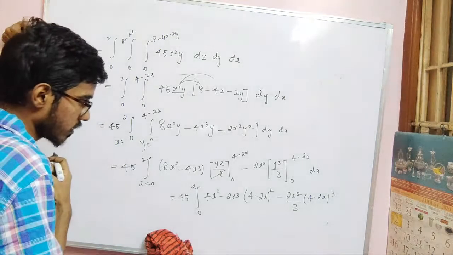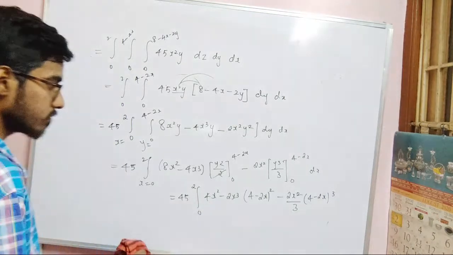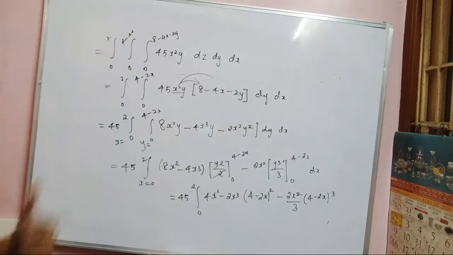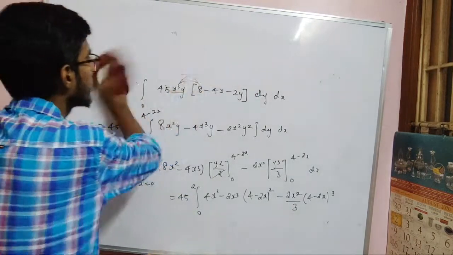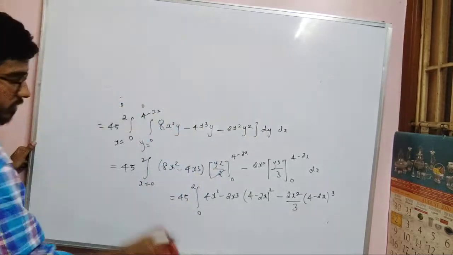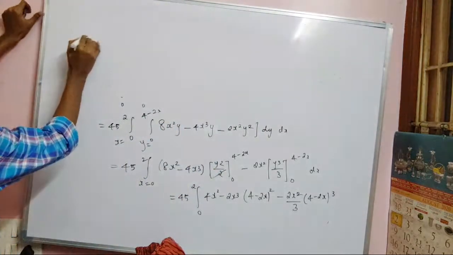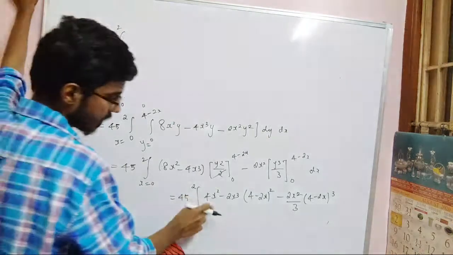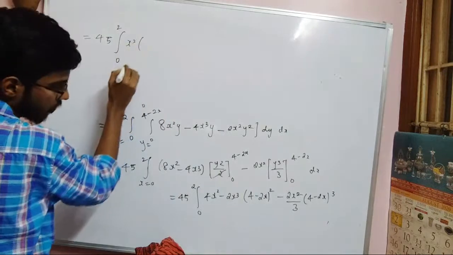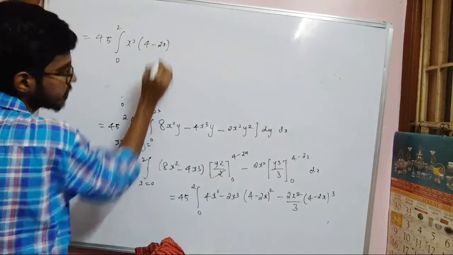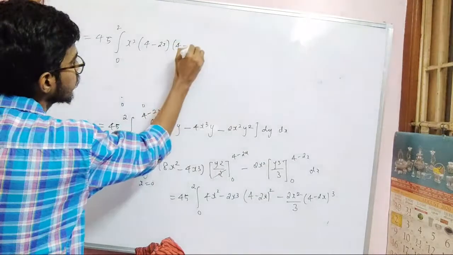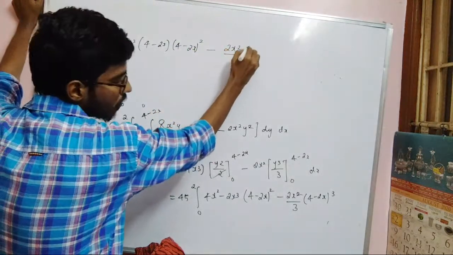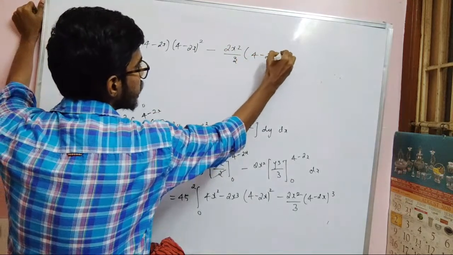Now you can see we need to integrate this. We need to use the a minus b whole square formula and the a minus b whole cube formula. You have to expand this and then simplify. If I take x square common here, we have 4 minus 2x, then 4 minus 2x whole square, minus 2x square by 3 into 4 minus 2x whole cube, right?